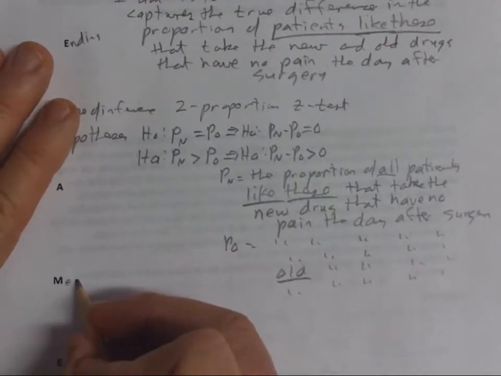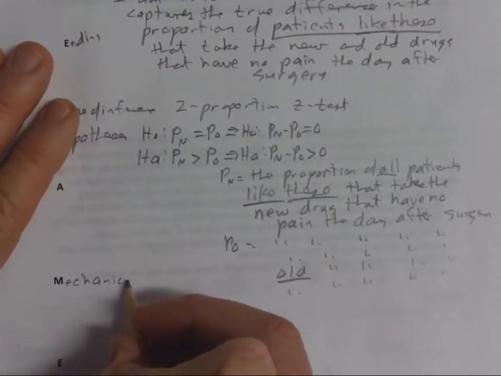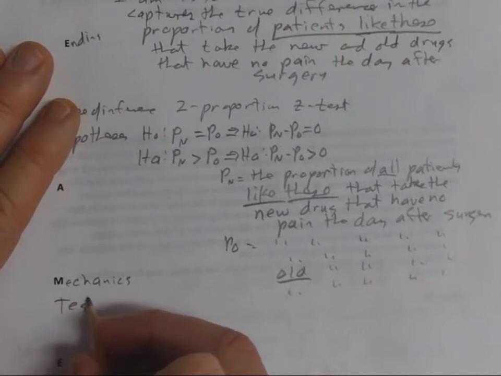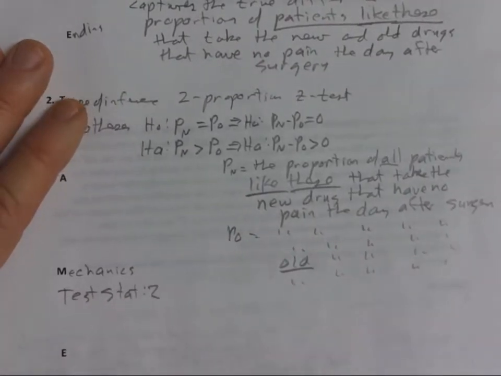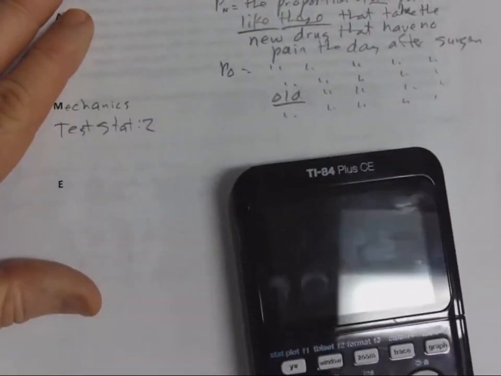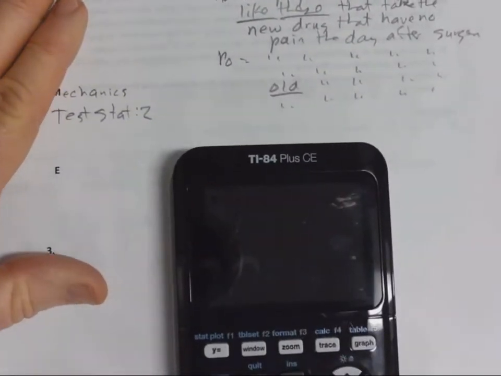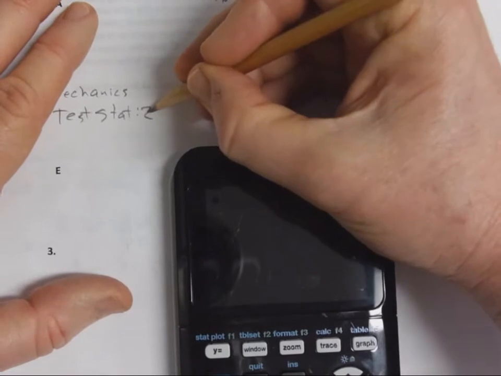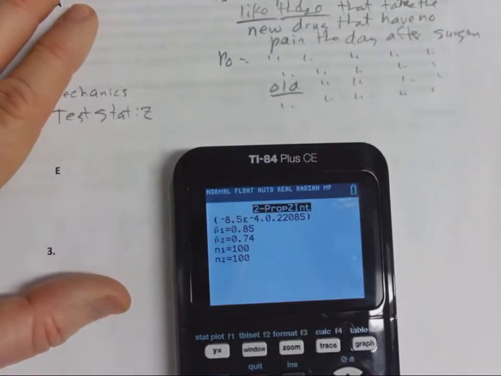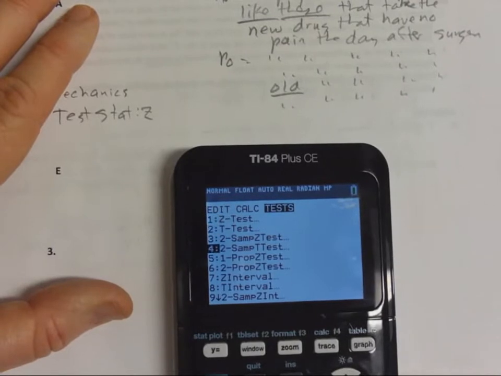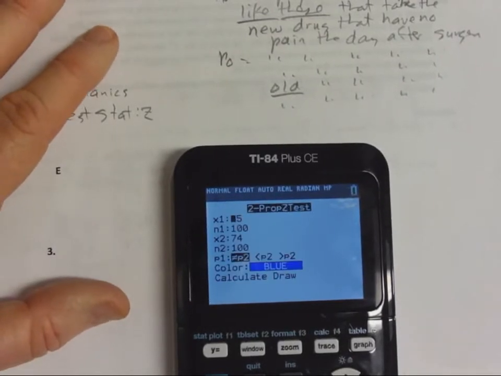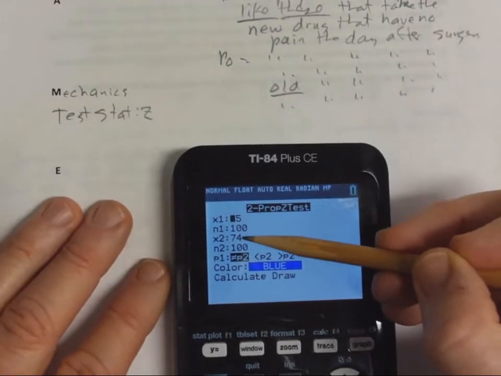Now our mechanics. We come up with our test statistic and p-value. Our test stat is going to be z, and we'll use our calculator to find this. On the last video, I showed you how to use the formula, but I'll just use the calculator here. So I go stat, tests, and I scroll down to 2 proportion z-test. Boom. It went ahead and entered those values for me.